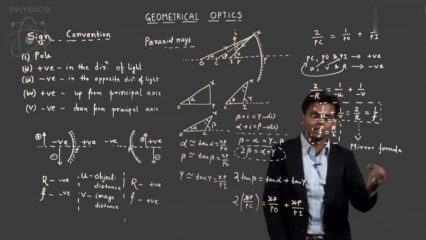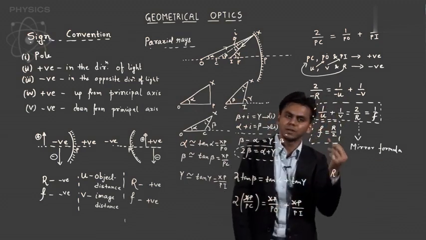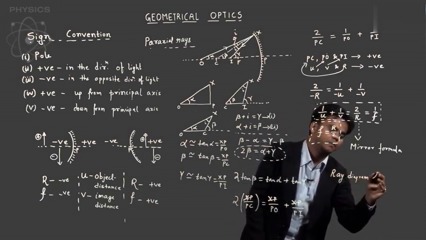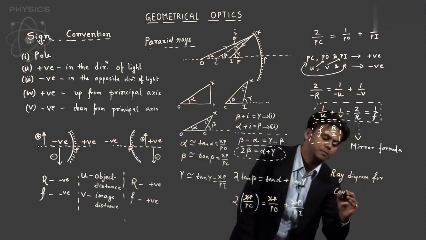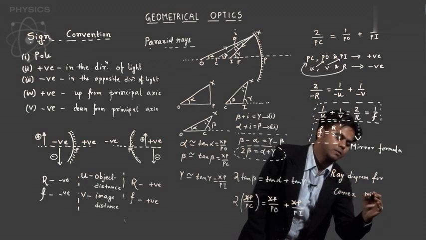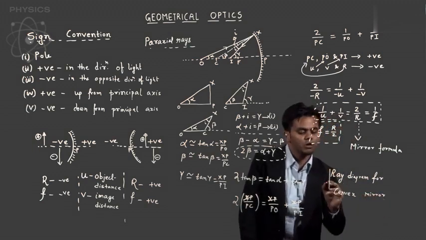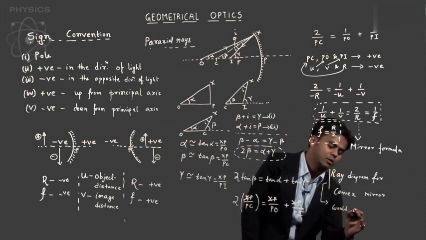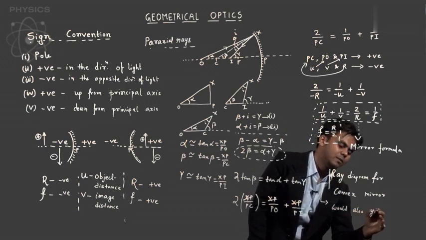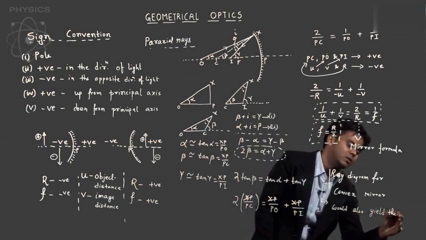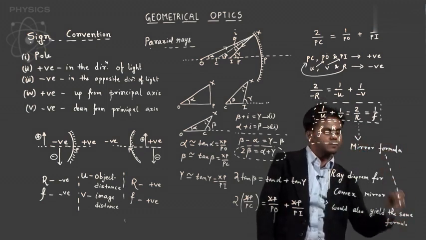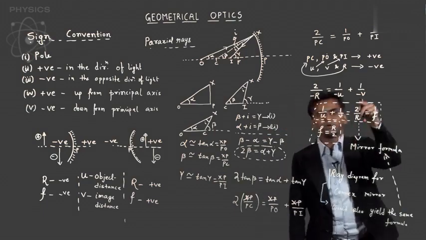So if we draw a similar ray diagram for convex mirror, it would also yield the same result, the same formula. And this is my formula: 1 by u plus 1 by v is equal to 2 by r is equal to 1 by f.